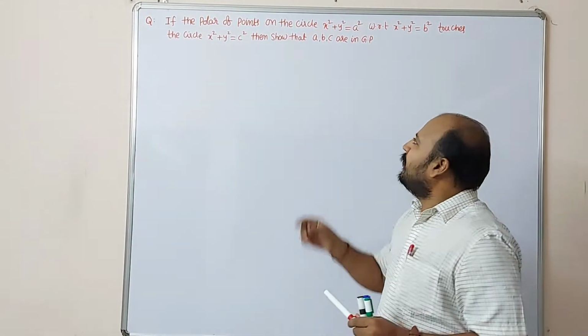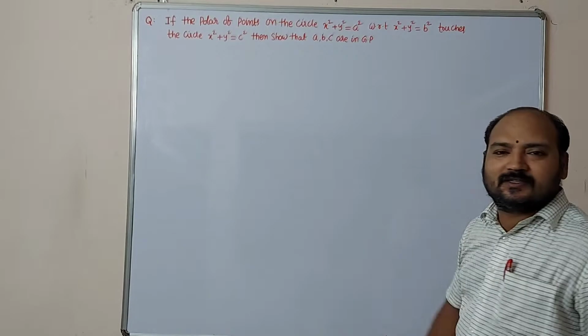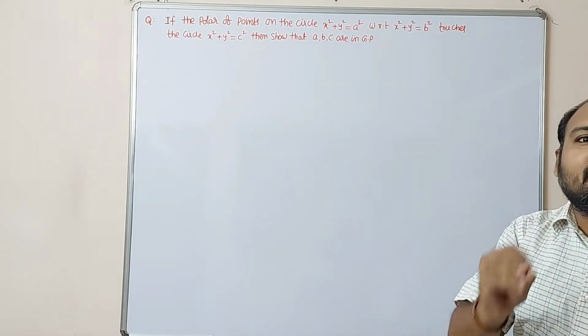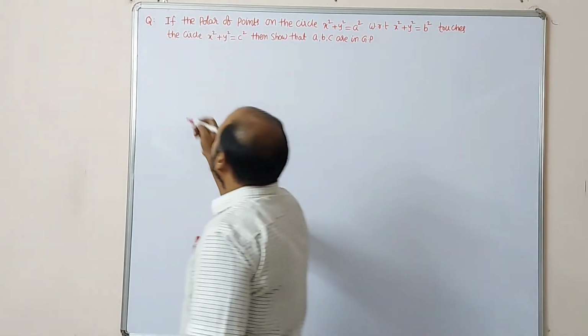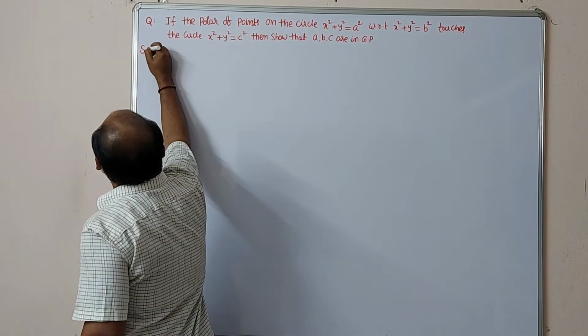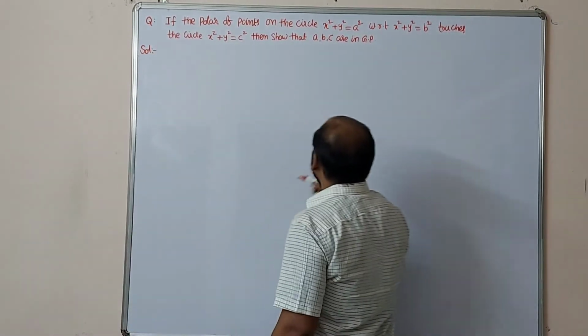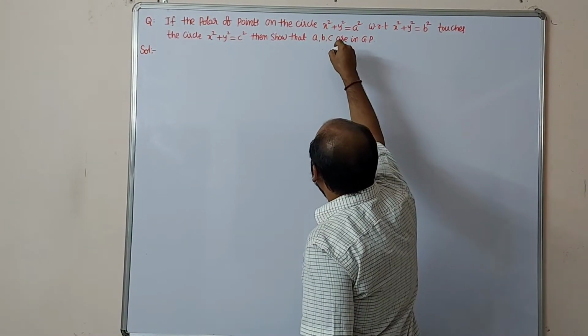It's very easy. By observing, all the circles have the same center. That means concentric circles. See here, the figure will come like this. First circle, it will come like this.